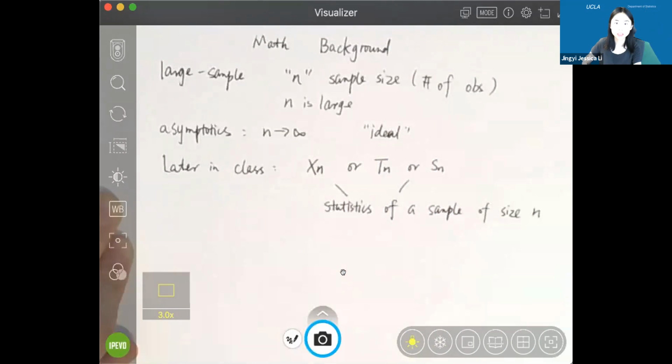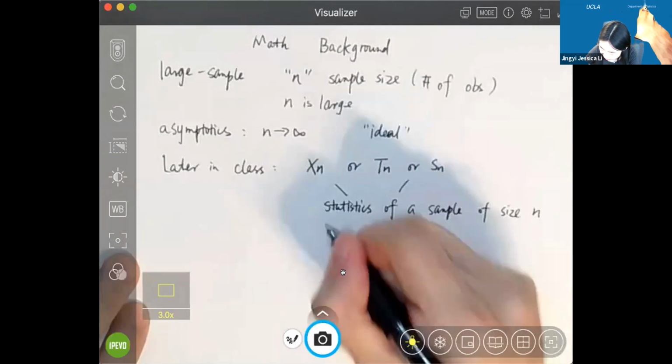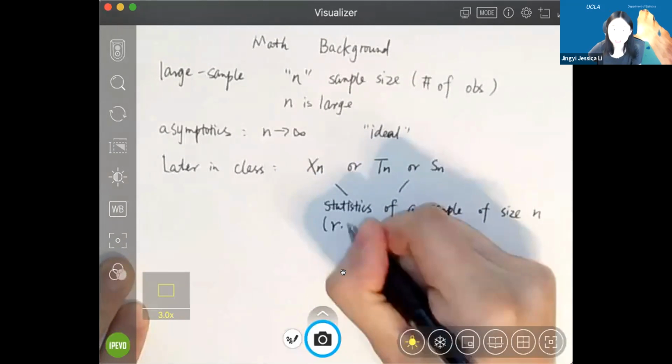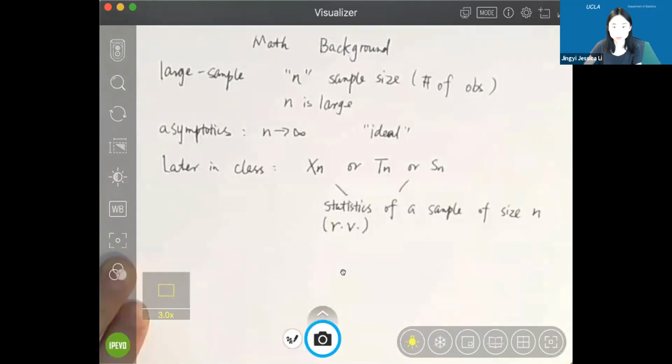In other words, this subindex n indicates the sample size. And we are interested in how the statistic changes with sample size. And we all know that a statistic is itself a random variable, right? So they are all random variables. I will use this notation RV to stand for random variables.